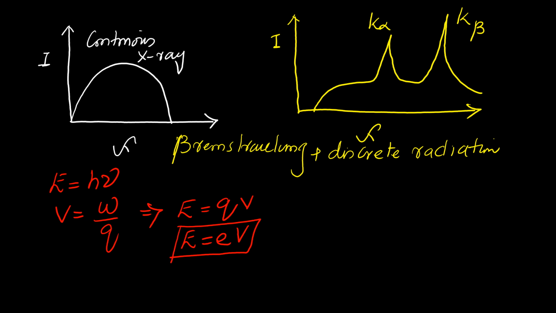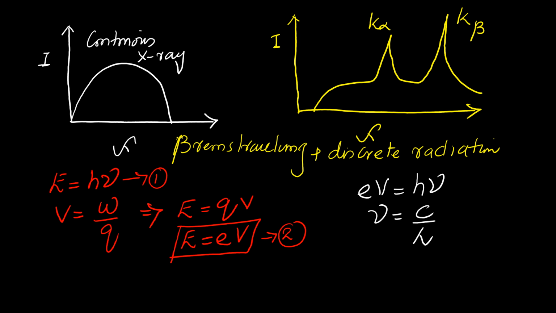Suppose that this is equation number 1 and this is equation number 2. So we can combine these two. eV is equal to h into nu. You know that frequency is inversely proportional to wavelength.